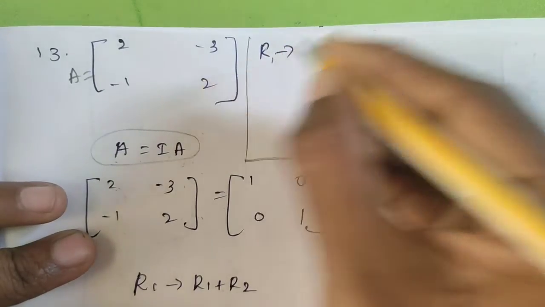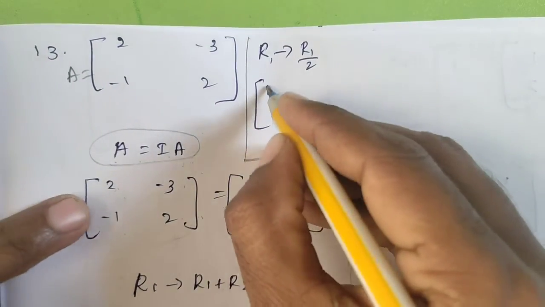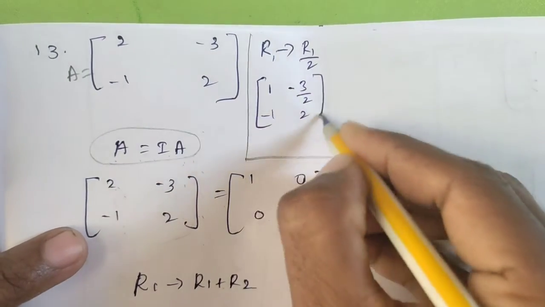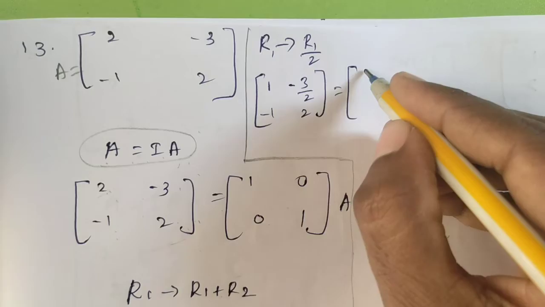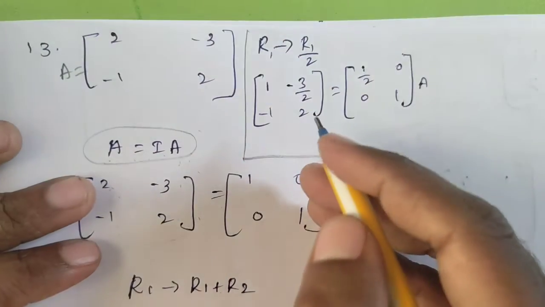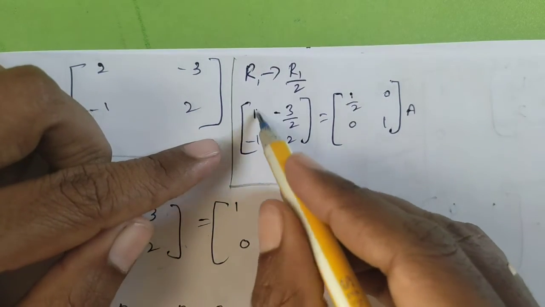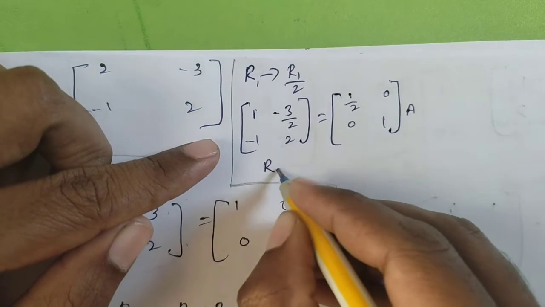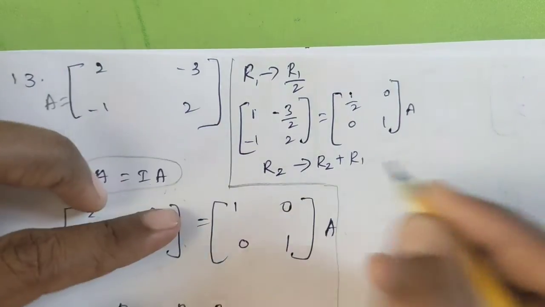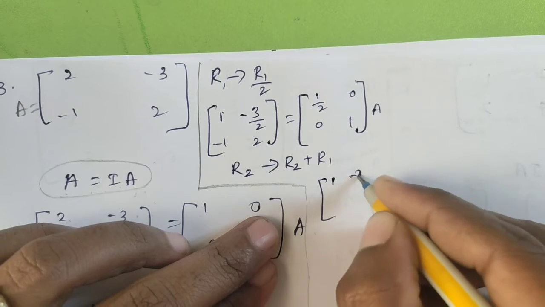R1 tends to R1 by 2. So what happens? 1, minus 3 by 2, minus 1, 2 is equal to 1 by 2, 0, 0, 1 into A. Our next step is to make this element 0. So I will just add these two elements: R2 tends to R2 plus R1, with the help of R1. R1 is kept as it is, 3 by 2.